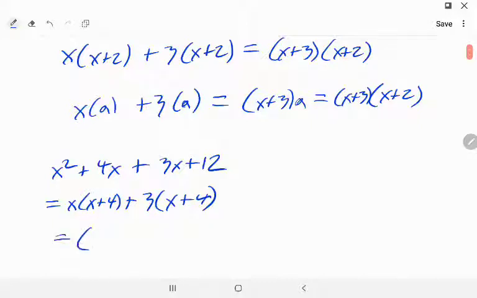And then we can do that factoring idea. We get the quantity x plus 3 times the quantity x plus 4. And so this is called factoring by grouping.